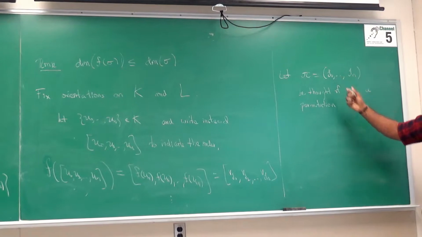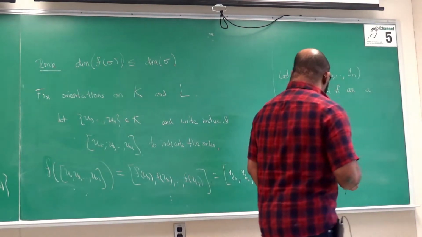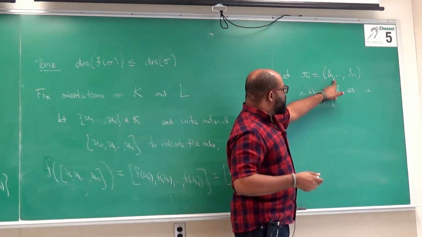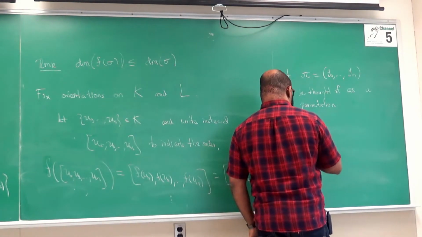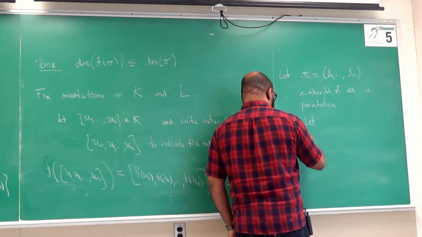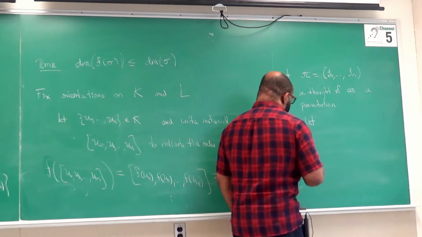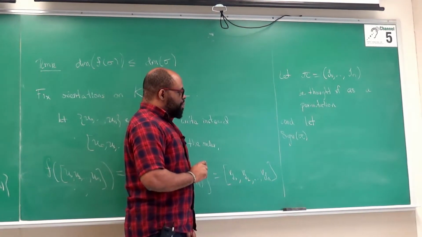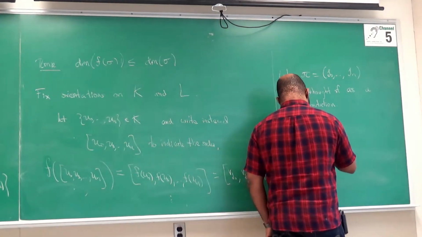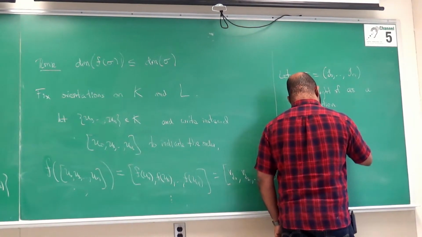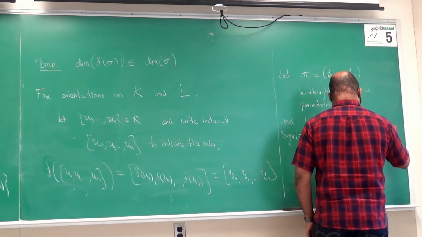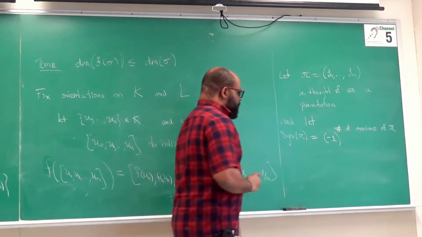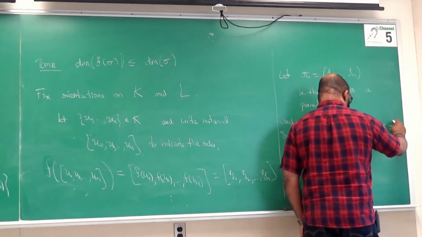So it's some permutation of n plus 1 numbers. So given this permutation, we're going to define the sign of pi to be -1 to the number of inversions of pi. And I'm going to explain what this means.